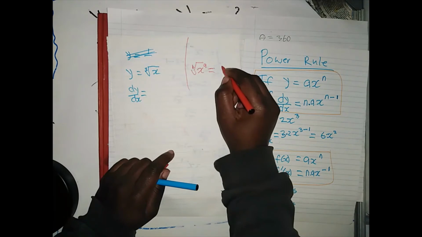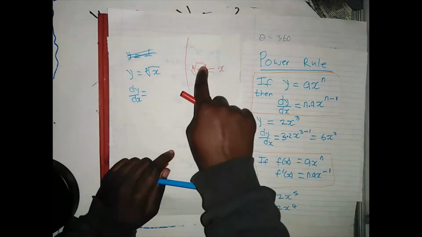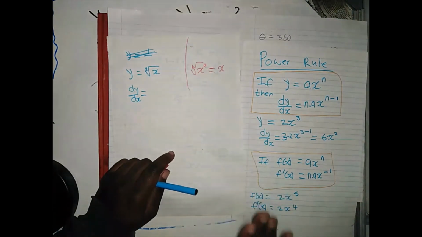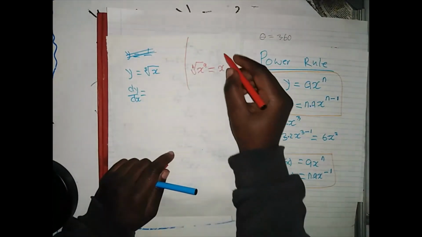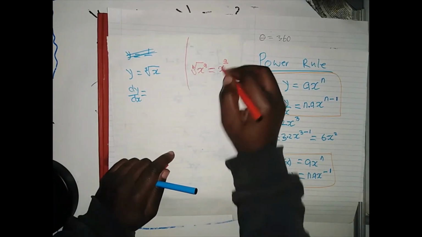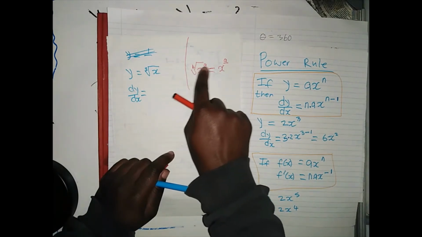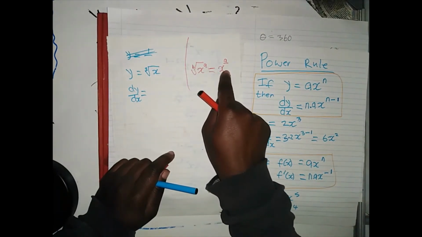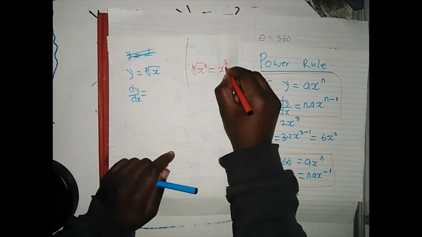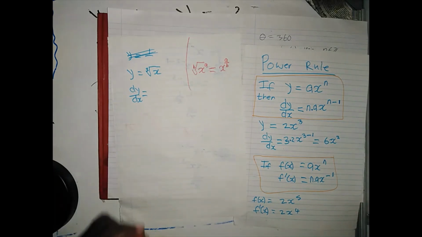You move the a up, so you end up with x to the power a on top, divided by b, which becomes x to the power a over b. Can you see that? Okay, wonderful.